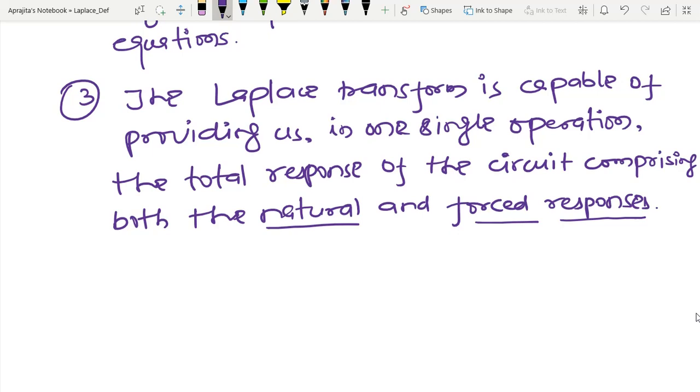So we begin with the definition of the Laplace transform, which gives rise to its most essential properties. But before going to the definition, I will share some idea of the transform.